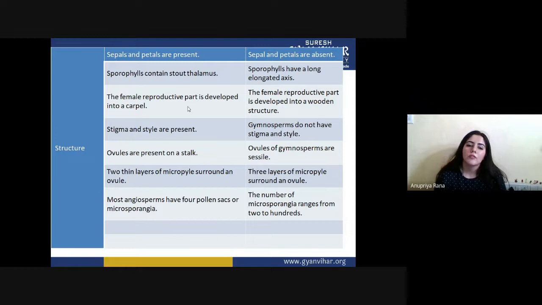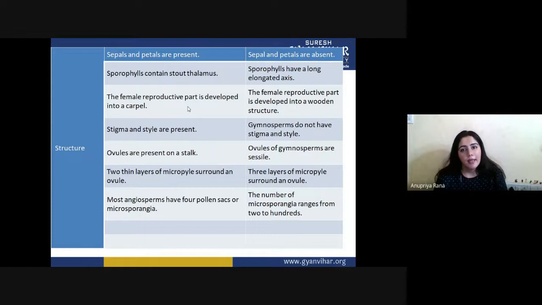Ovules are present on a stalk in angiosperms. Ovules of gymnosperms are sessile. Sessile means directly attached to the wall, while in angiosperms they are attached by a stalk. Two thin layers of integuments surround the ovule. The integument covering will be present on the ovule, but it is two and thin because the ovary wall, or fruit wall, acts as a covering or protecting layer.